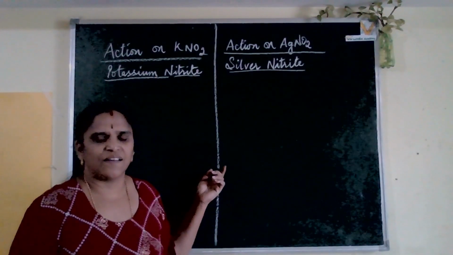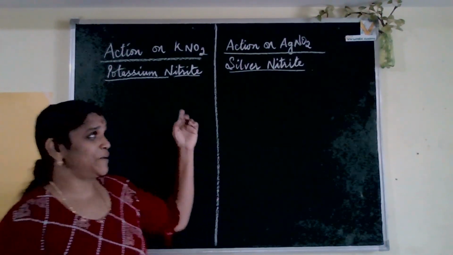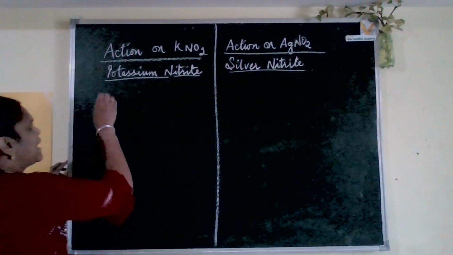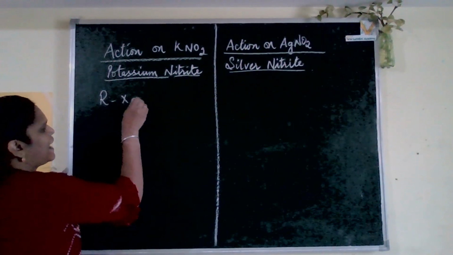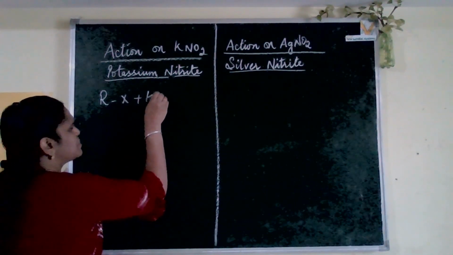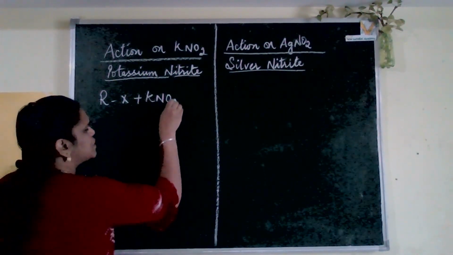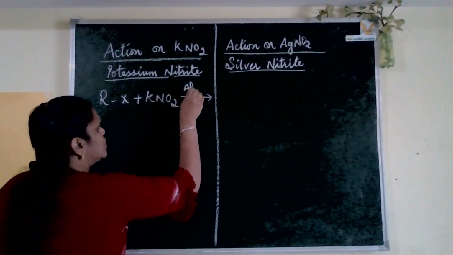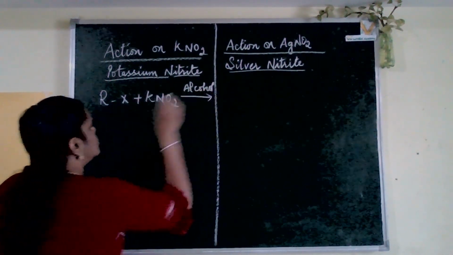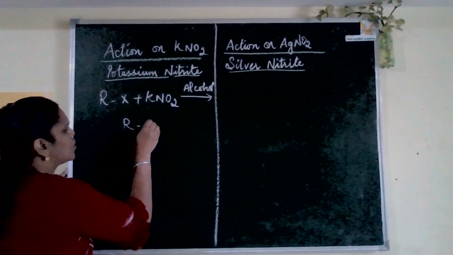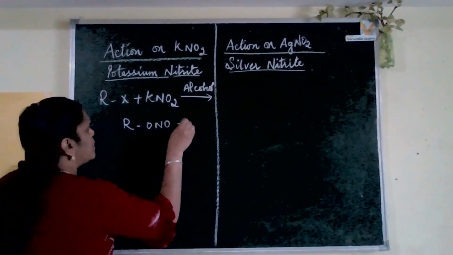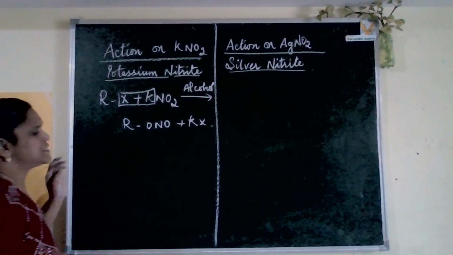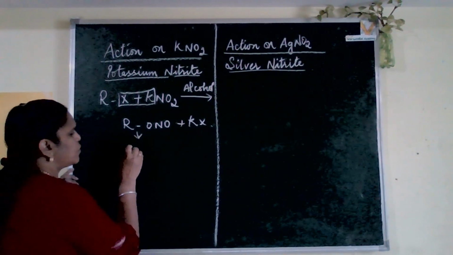Now the next, here also you get a different product. Action on KNO2. Alkyl halide reacts with potassium nitrite in the presence of alcohol. You get RONO plus KX. In this case, what is the name we can find?